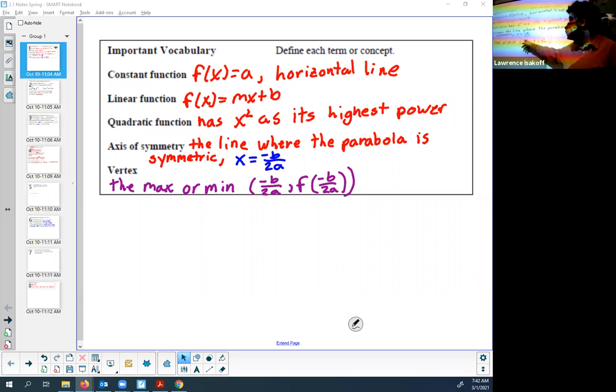So the point negative b over 2a, comma, f of negative b over 2a. So that's just saying, hey, once you get your axis of symmetry, plug that point in, and that will give you your x, y vertex. So save that. Okay, so that's our basic vocabulary.